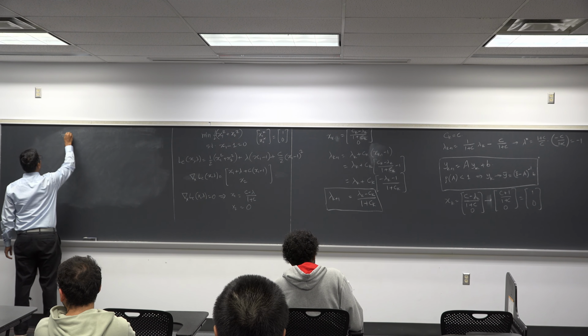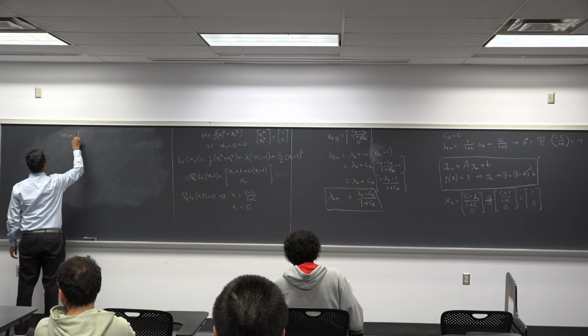So I want to minimize f of x such that h of x equals 0, g of x is less than or equal to 0.